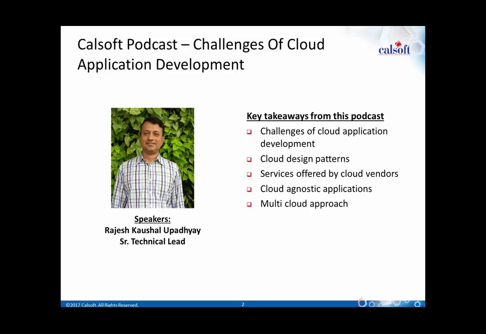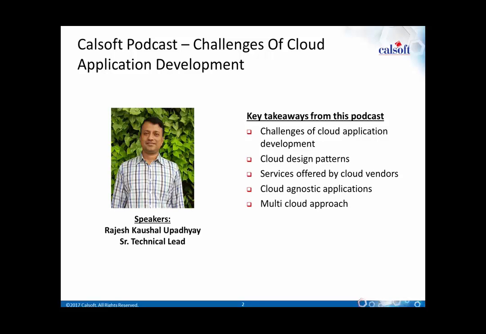Selecting any specific cloud provider is more of a business decision. Developers can go through the service catalog of all cloud providers and take a wise decision. But going with one cloud vendor and building your solution around one cloud provider leads to vendor lock-in. Then solution providers want their application to be cloud agnostic.